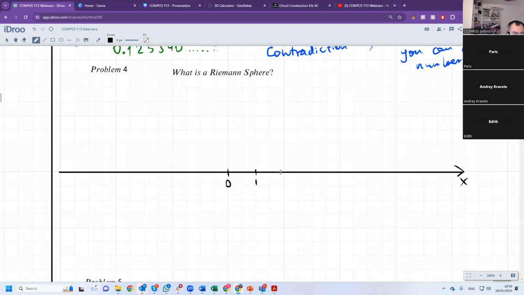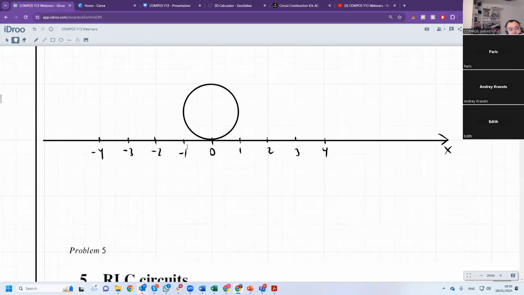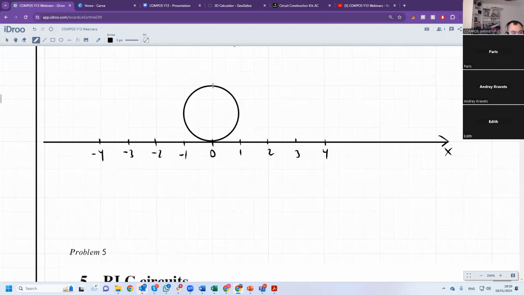I don't know, 1, 2, 3, 4, -1, -2, -3, -4, and you have a sphere, a circle. So this is a circle. This is one dimension, and you draw a line like this.